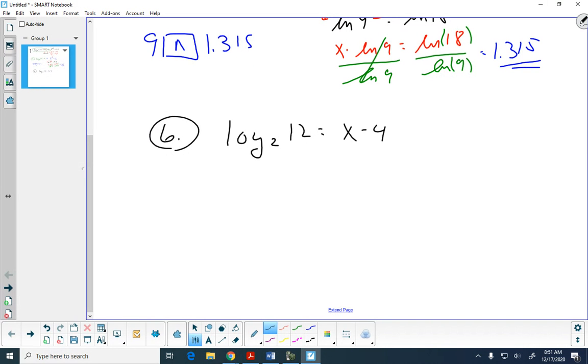Once again, let's rewrite this exponentially. What would this look like exponentially? 2 to the x minus 4 power is equal to 12. That is correct.